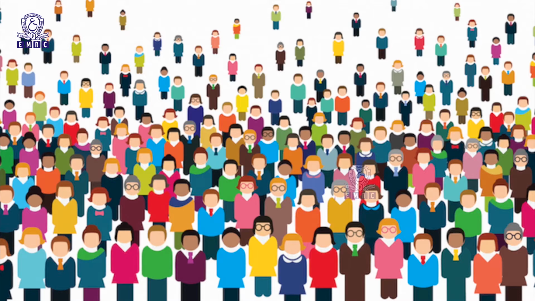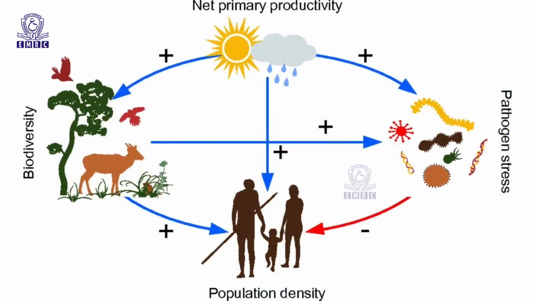Now the question arises, why should we study population? First, studying how and why populations grow or shrink helps scientists make better predictions about future changes in population sizes and growth rates. For example, with human population growth, understanding how fast the human population will grow and what that means for climate change, resource use and biodiversity.